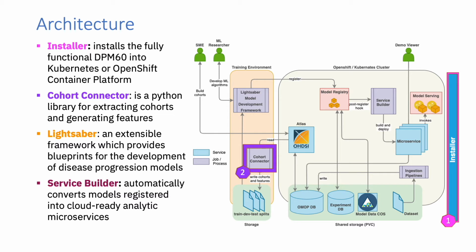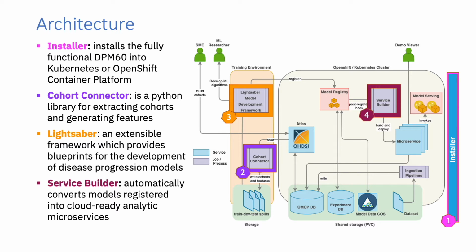Then we are going to show the cohort connector and use the cohort connector to extract features and the cohorts for a particular endpoint. Once the data is extracted, we will show a demonstration of the Lightsaber and use the Lightsaber to train a model against the extracted data. At the end of the training, the model will be registered in the model registry.